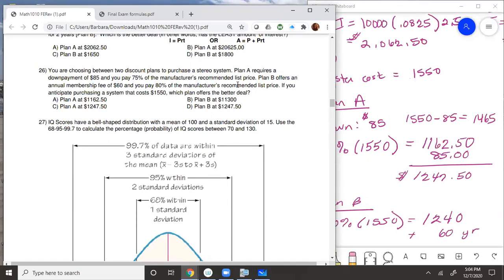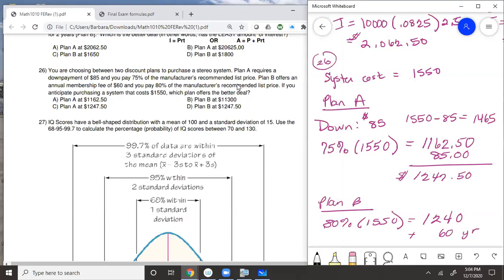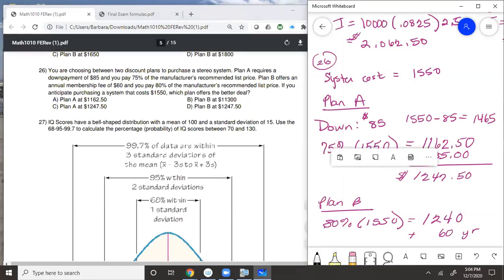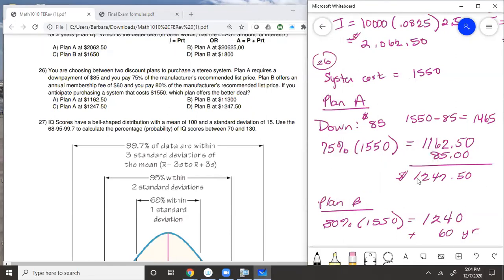They're saying they want 75% upfront plus $85 down, which still came out to be less than the amount of the system at full price, which was $1,550. So Plan A allowed him to save some money, this $1,247 rather than paying in full.